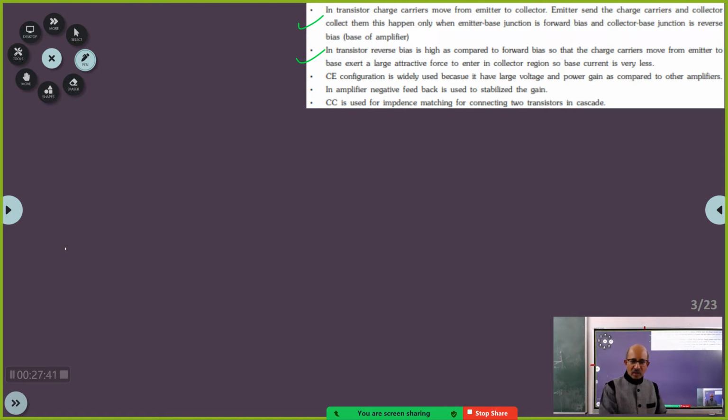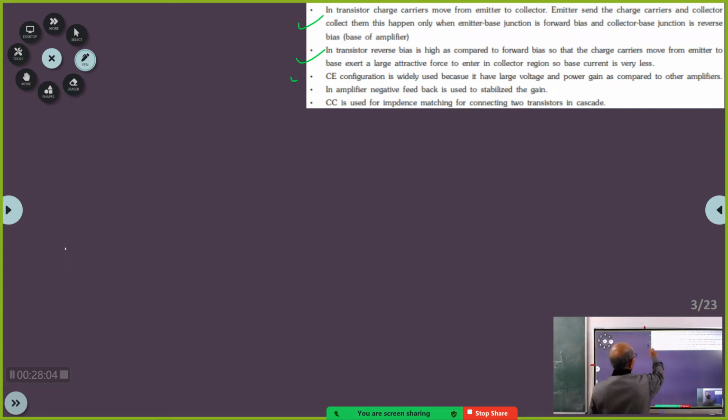A particular configuration needs CE, you go for CE. That's it. But from an academic point of view, at PU level, if they ask why CE configuration is widely used, you can write the answer that it has large power gain. But frankly speaking, if the necessity is something else, you can use other configurations.